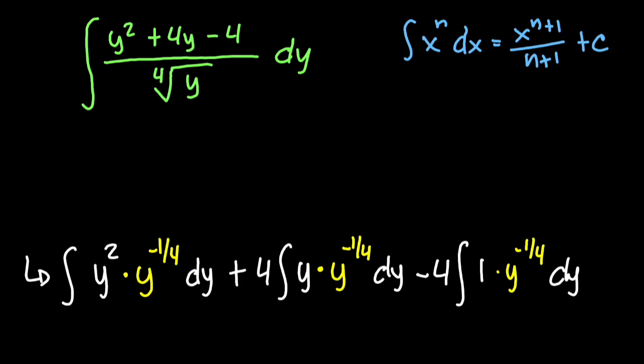And so, focus first on the first part, the integral of y squared multiplied by y to the power of negative 1/4 dy. Whenever you are multiplying the same bases, just add the exponents together. So 2 minus 1/4. Wait, let me check. 2 minus 1/4.